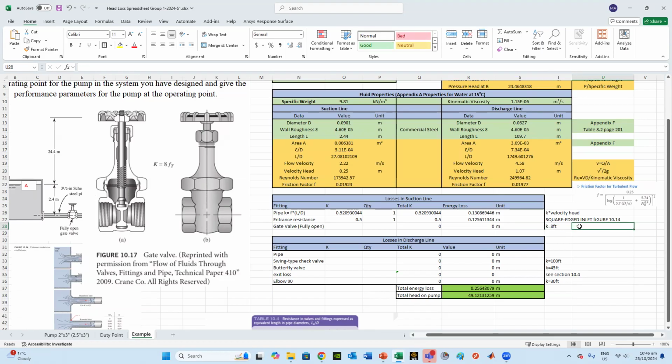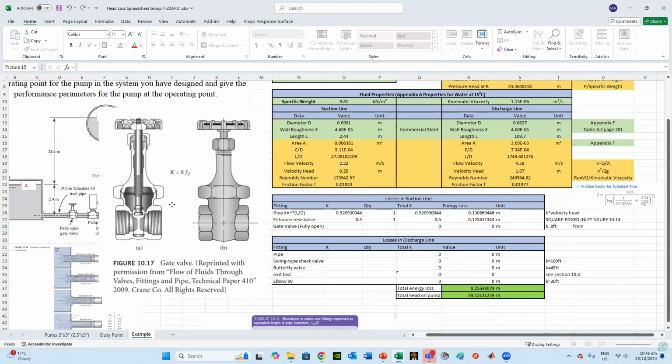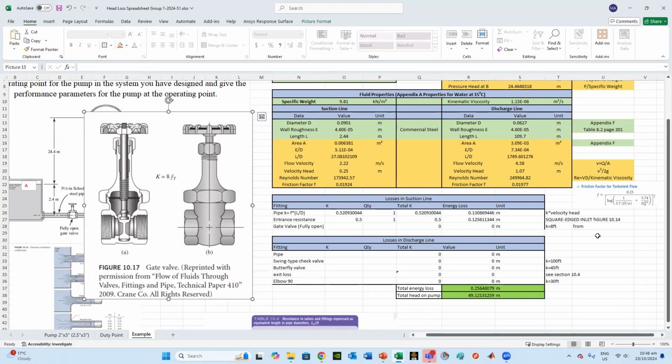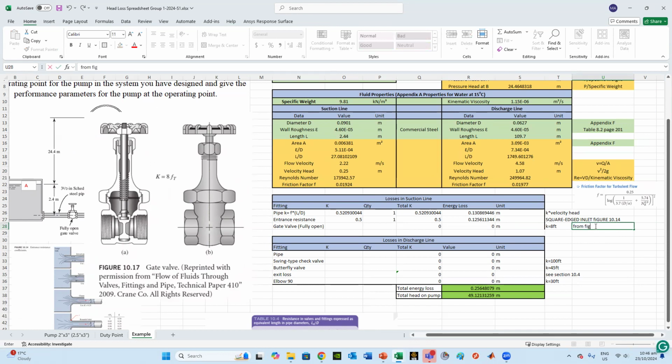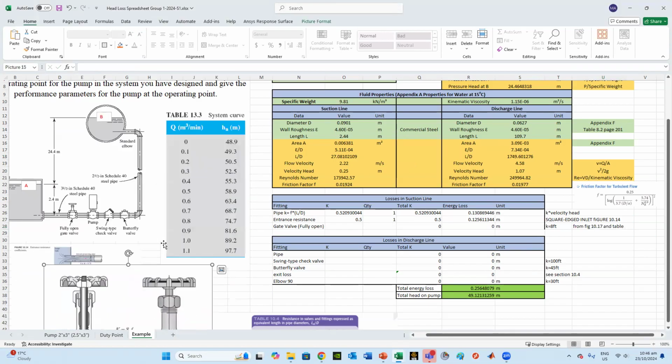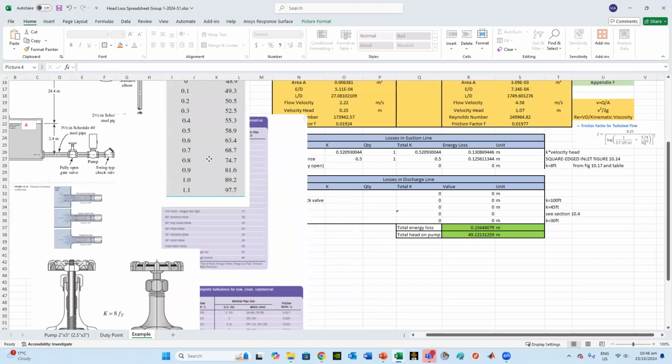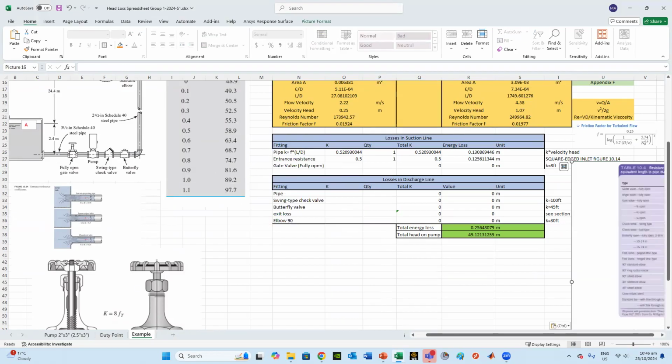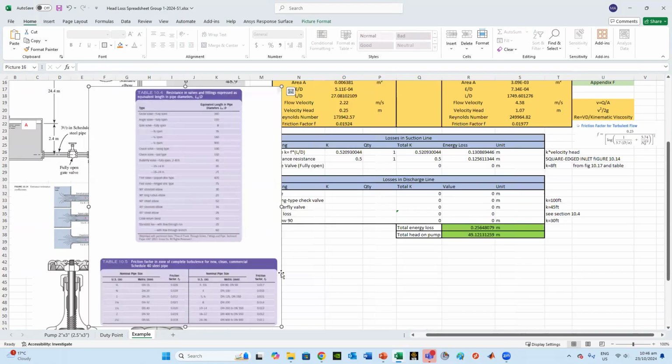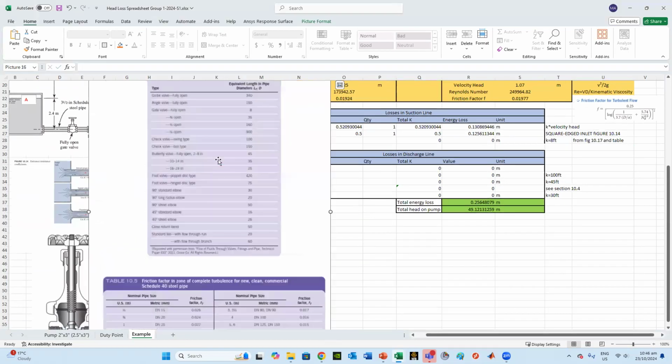Now you ask where we got this from. It's from figure 10.17 and the table, because we have a table for that as well. I got that table here, Control X, Control V. That table has all the information we need for our values.